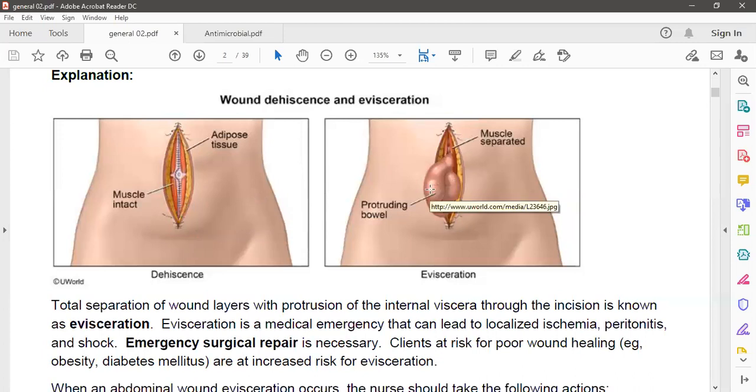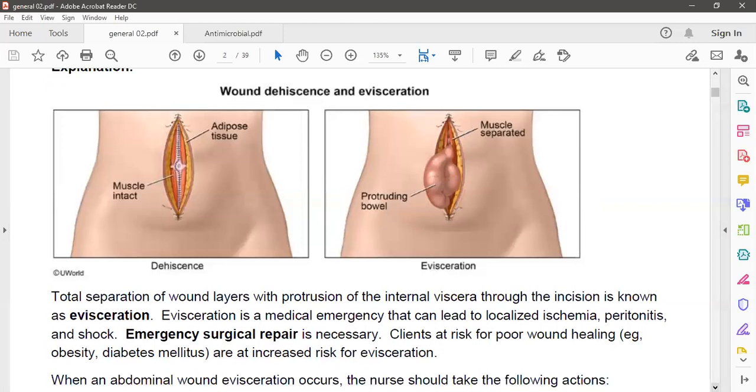Evisceration is the separation or splitting open of the layers of the surgical wound, and also extrusion of the internal organ or intestine. It is called extrusion of viscera or intestine out through a surgical wound. Right? This is the difference between these two.